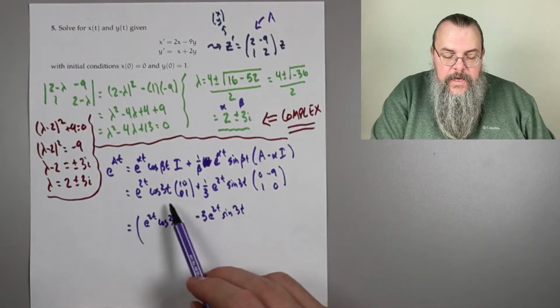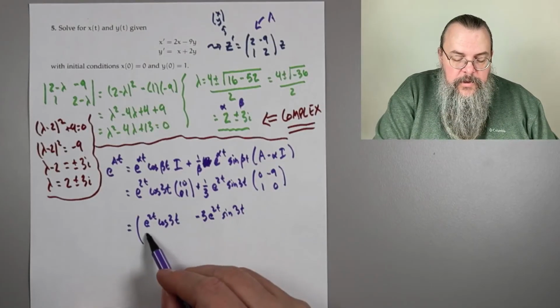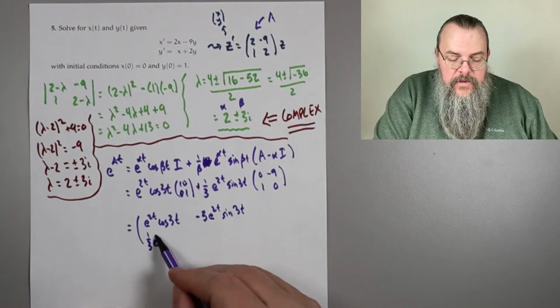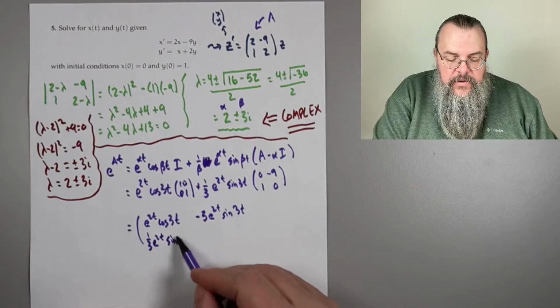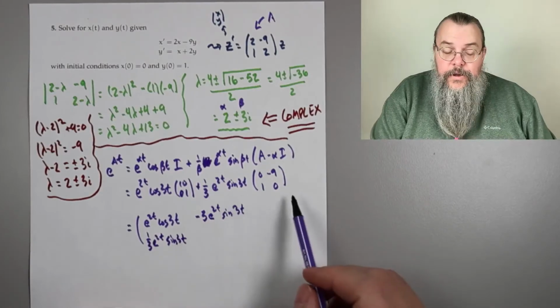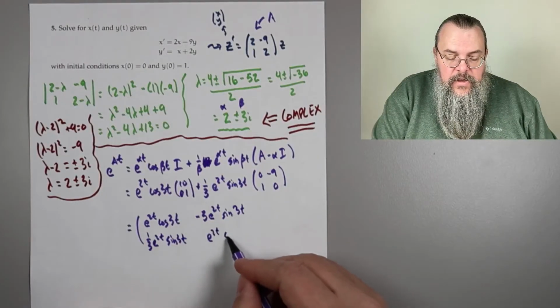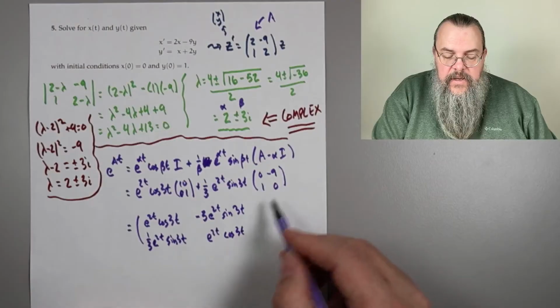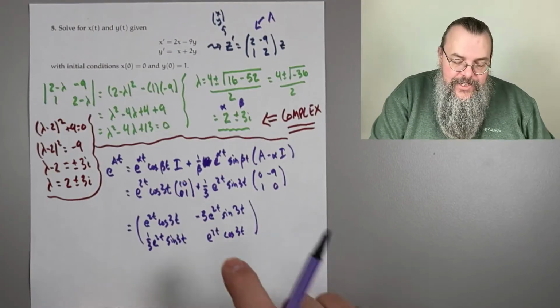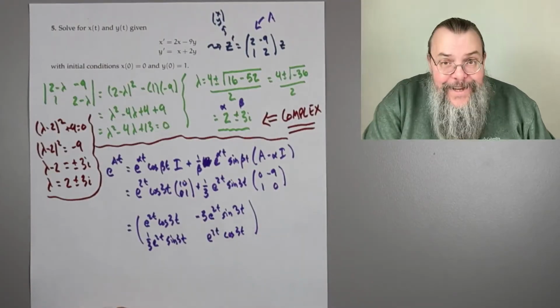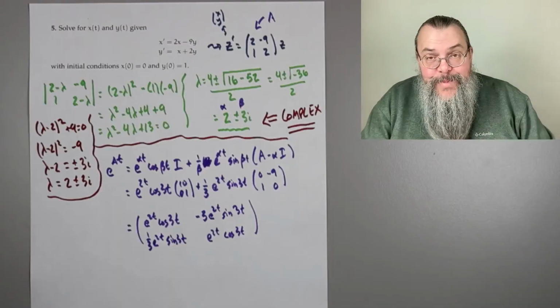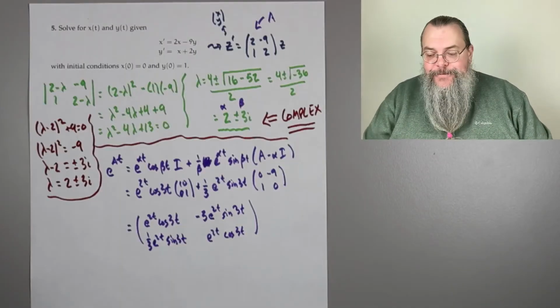Okay, lower left, 0, plus 1/3 e to the 2t sine 3t. And lower right, e to the 2t cosine 3t and 0. Okay, so here's e to the At. Not our answer, but we're almost done.